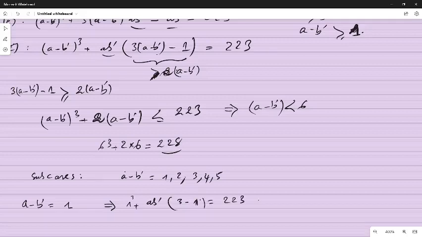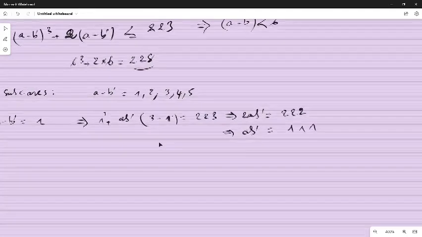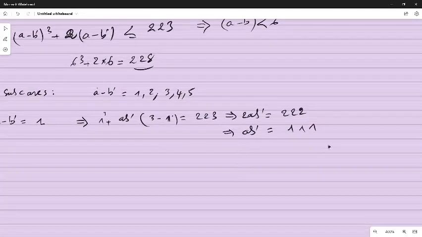And this implies that 2ab prime equals 222, and this implies that ab prime equals 111.